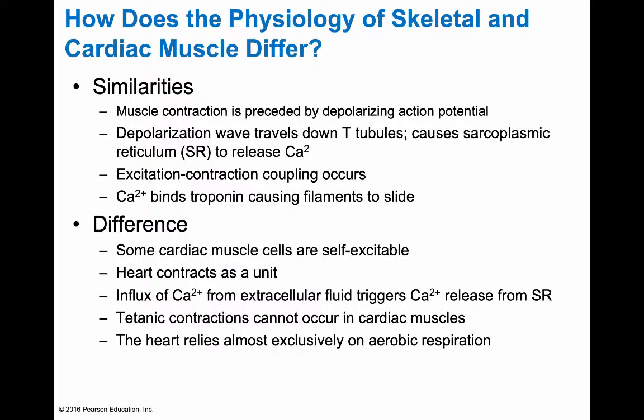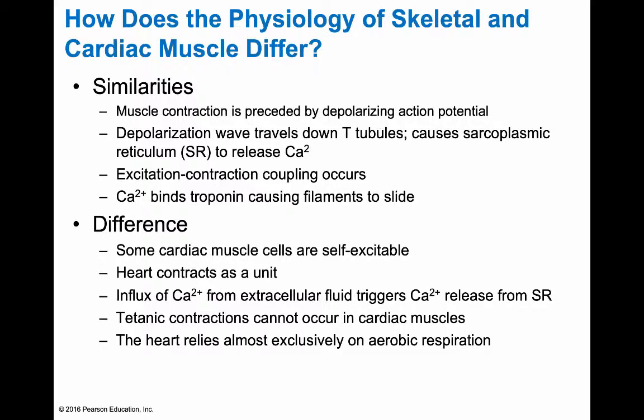Of course, what are the physiological differences of skeletal and cardiac muscles? The similarities are that the muscle contraction is preceded by a depolarization action potential. So what happened last semester, if you remember, is that essentially you have a neurotransmitter. The one we talked about before was acetylcholine coming across, and it attaches to receptors that open ion channels and then allow that action potential to go down the T-tubules, causing calcium to be released.